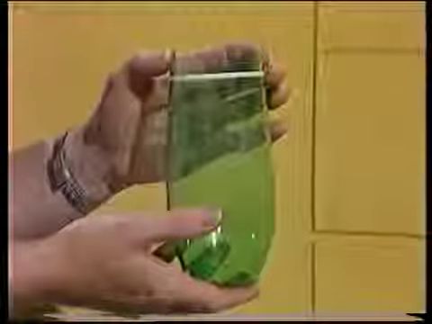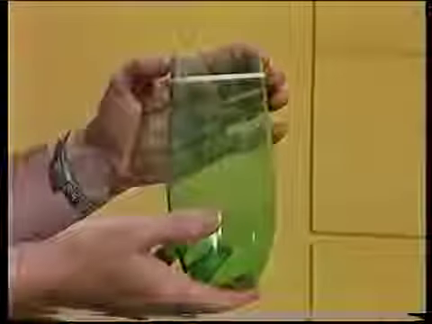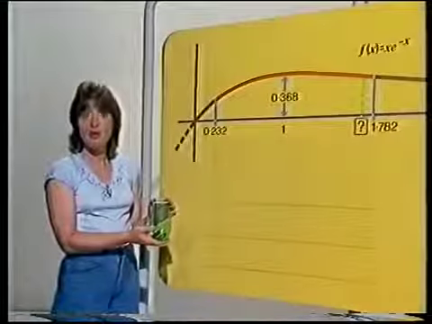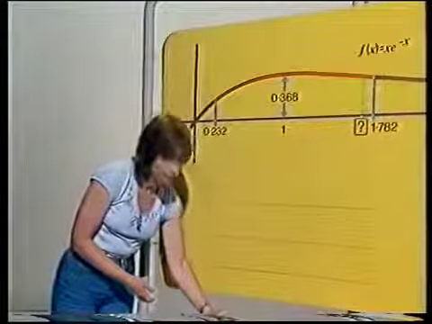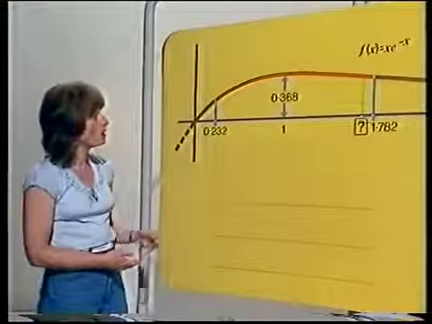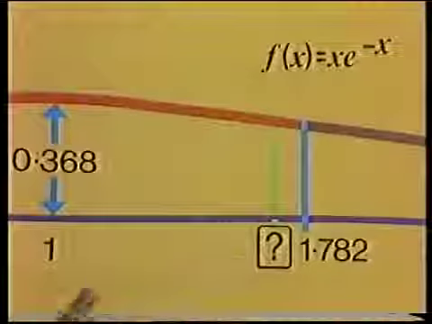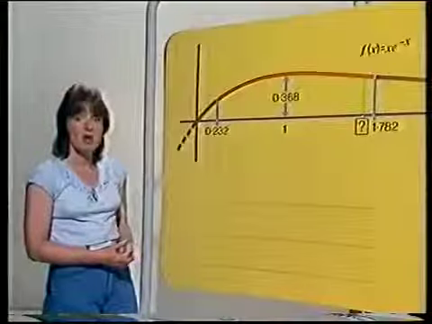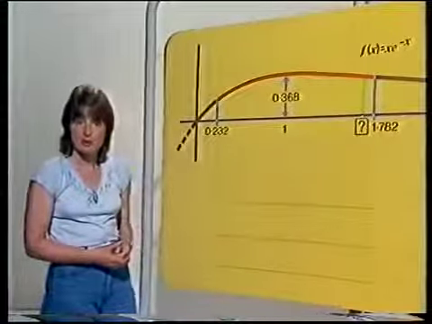Now the mark on this glass shows when the volume is exactly half a litre. So the final question in specifying our design is, where should the mark come? What we want to know is the value of x here, and then we'll know how high up the glass the mark should be made. And we've now got enough information to be able to work that out.